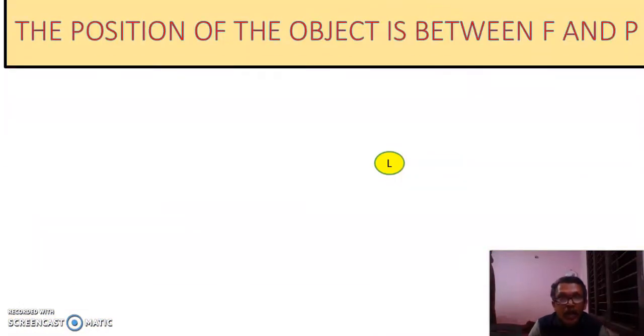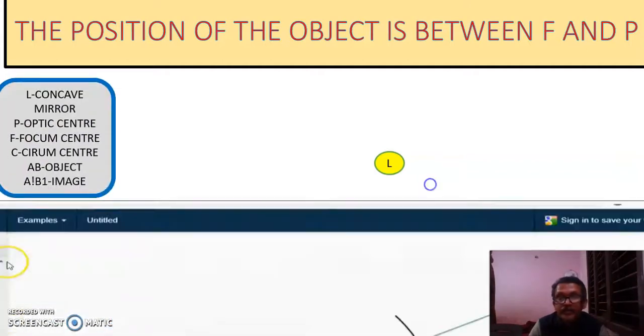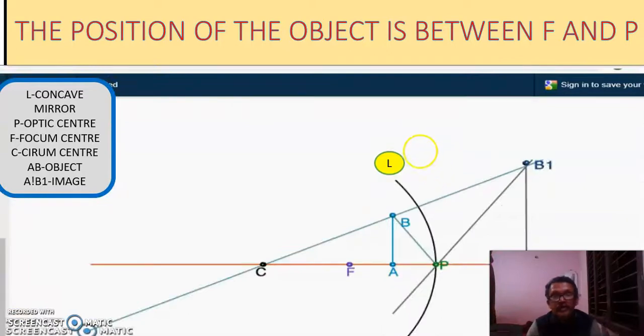Now the position of the object is in between F and P. Now this is the ray diagram. So here the position is between F and P. Then the image is formed behind the mirror. This is not a real image. This is a virtual image.